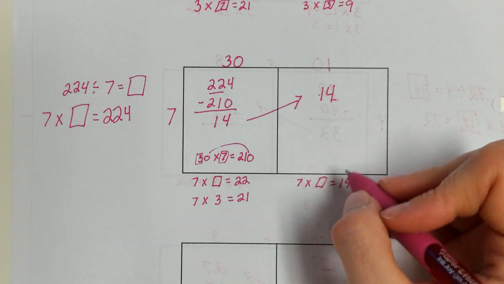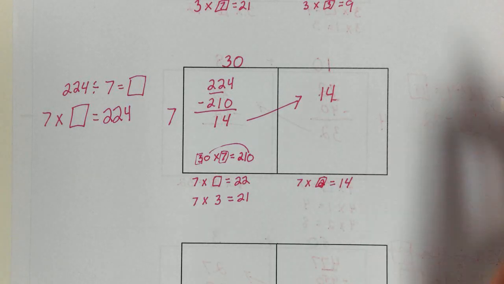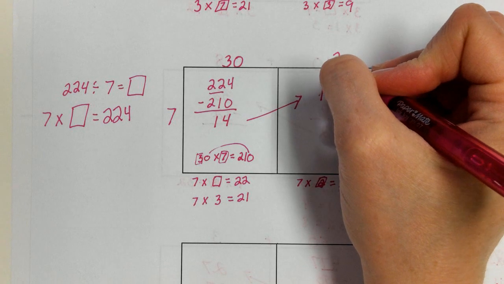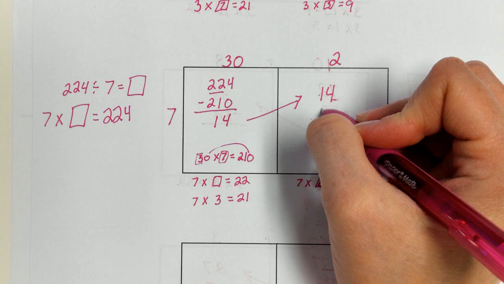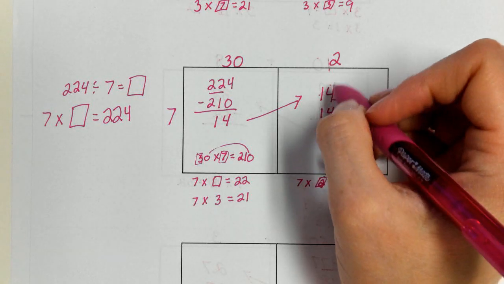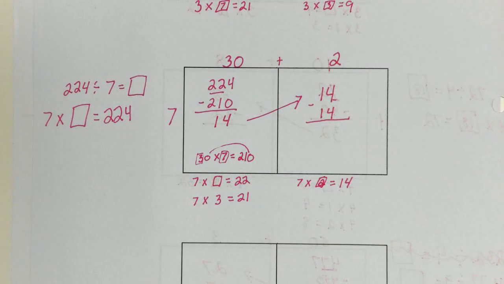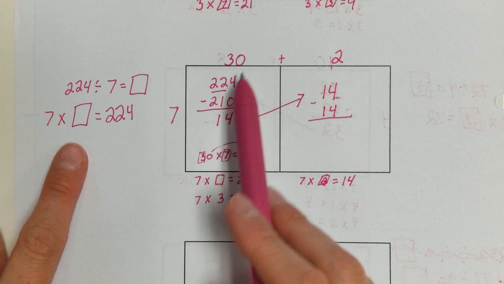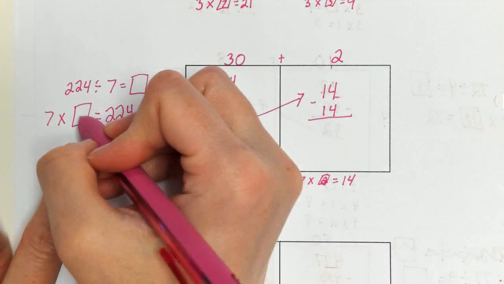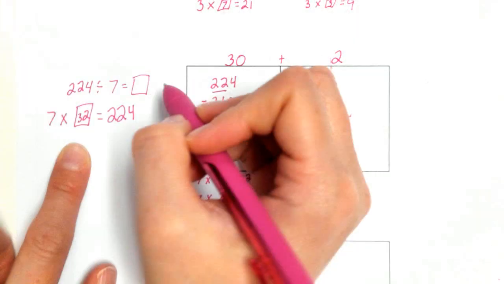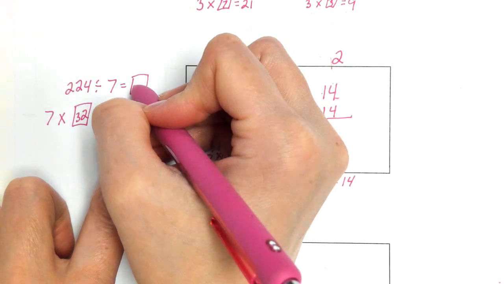So what's my mystery number? So I put my 2 up here. I think 2 times 7 equals 14. Do I have a remainder? Okay. So 7 times what number will equal 224? Okay, so 224 divided by 7 is 32.